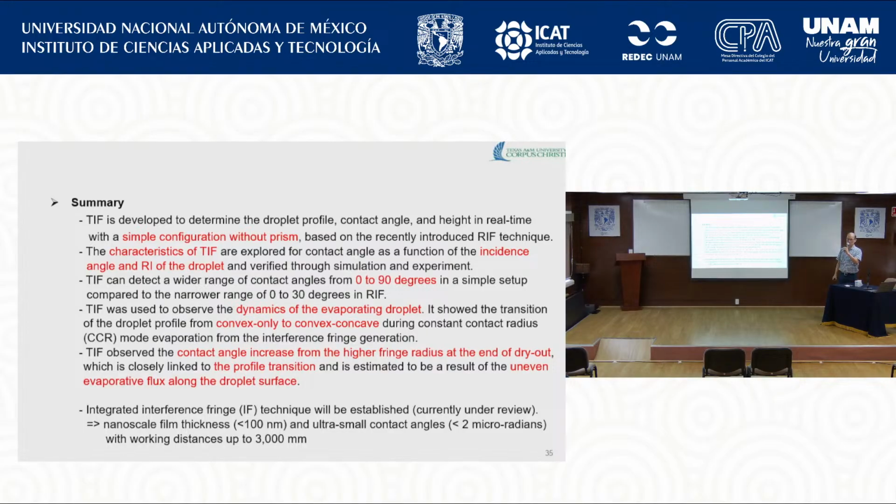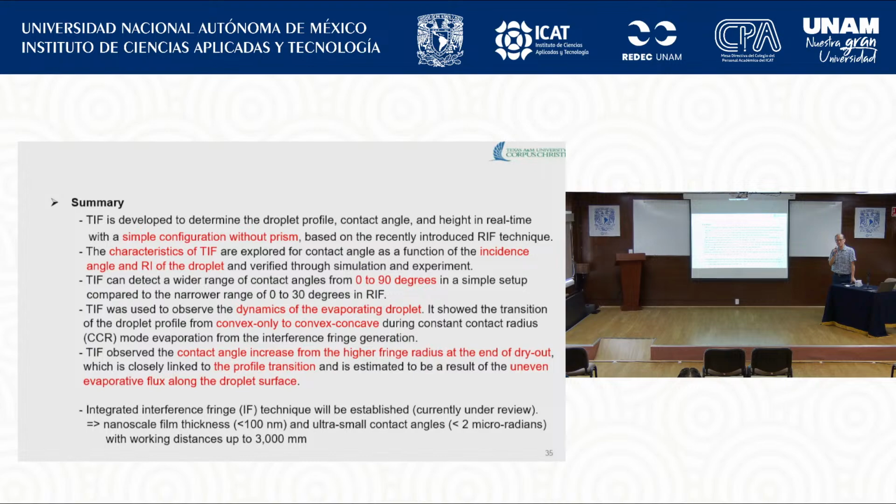Technically, we can. The only limit is physical space, I think. If you have a very strong light source, we may be able to measure maybe 10 nanometer scale thickness and smaller contact angles. Yeah, that's a very good question.